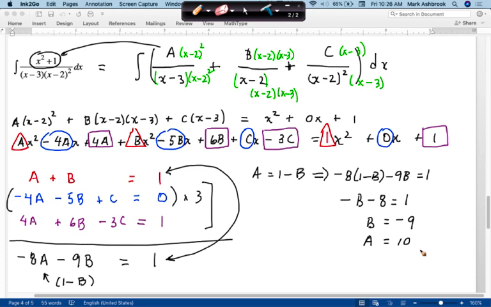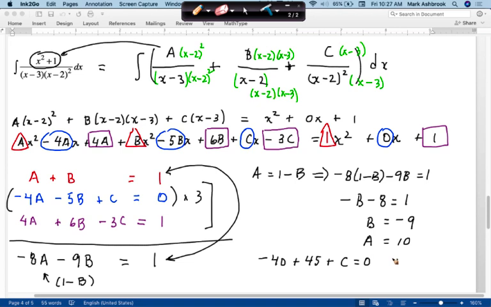Okay, and then for C, we could use equation 2. So in equation 2, we get minus 4, so minus 40 plus 45 plus C equals 0. So I think C is negative 5?